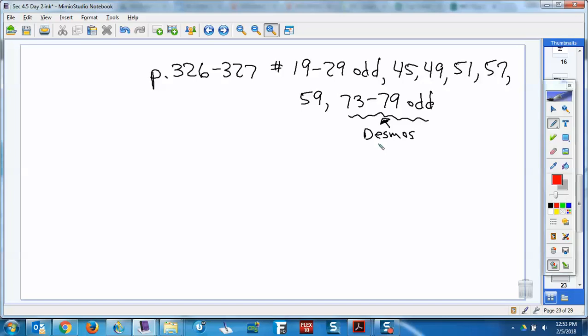Let's do this. 73 through 79 odd, they give you a picture, and you're supposed to figure out what the equation is. So go ahead and use Desmos. Now, I would try to figure it out without Desmos, and then you can tweak it if it's not looking right, and try to get your picture to match the picture on 73, 75, 77, and 79. Okay, try to figure out the equation, and go ahead and use Desmos to tweak it.